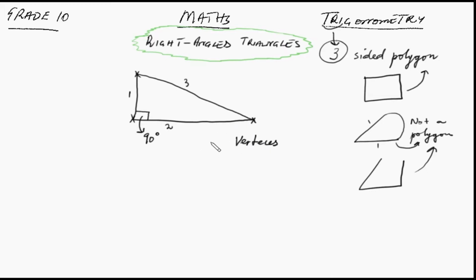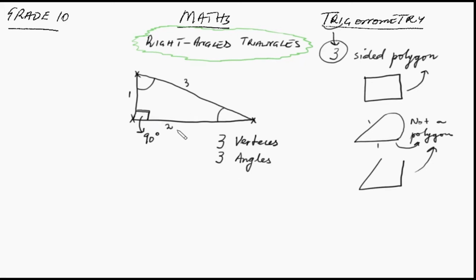That means in a triangle, we have 3 vertices. Now, what about this, this, and this? These are angles. So that means in this shape we have 3 interior angles. These are angles, but they are interior angles. There are 3 interior angles.